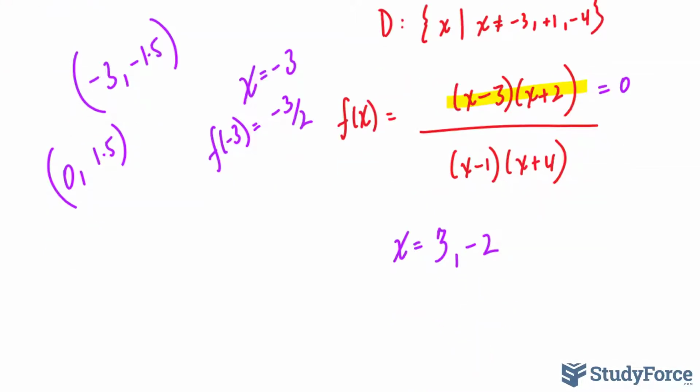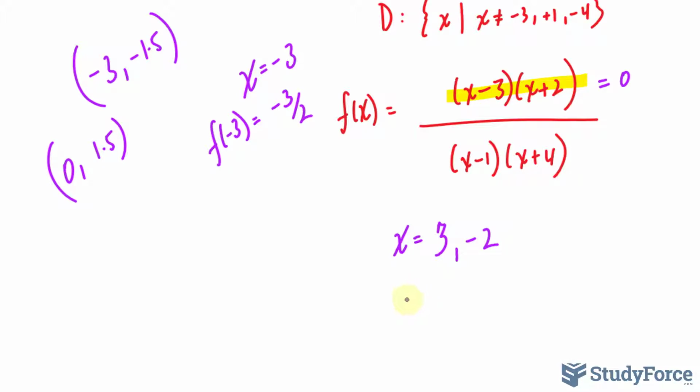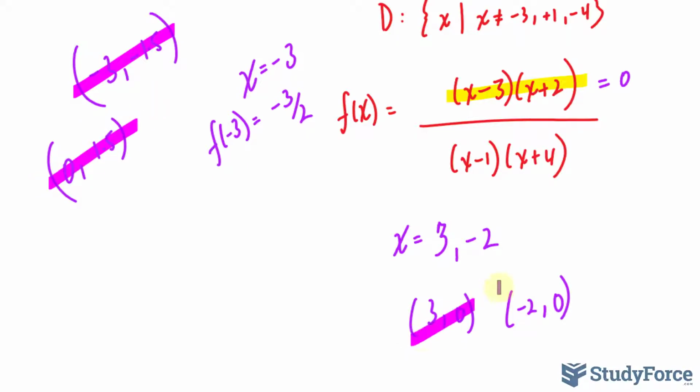And of course, because these are the roots, we would have two brand new points, 3 and 0, and negative 2 and 0. So far we have 4 points, this one, that one, and these two as our x-intercepts.